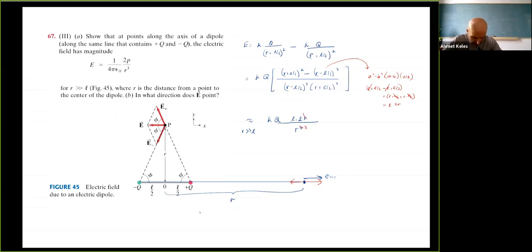And now I want to write this as P. Then the result will be K, and maybe we can also open up what K is, because that's the question. This is 1 over 4 pi epsilon naught. So this is going to be 2P divided by R cubed. Okay.